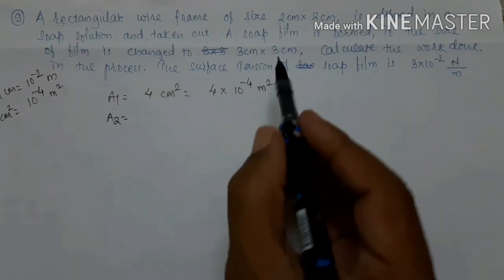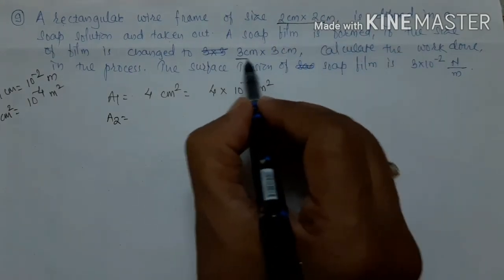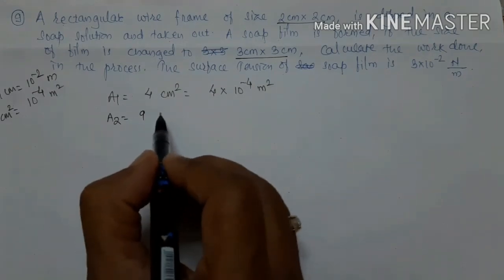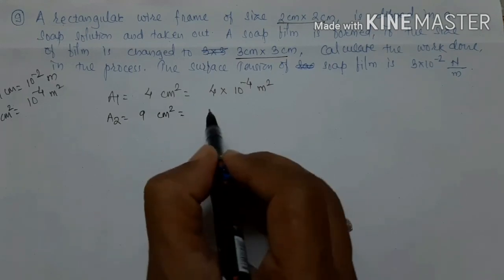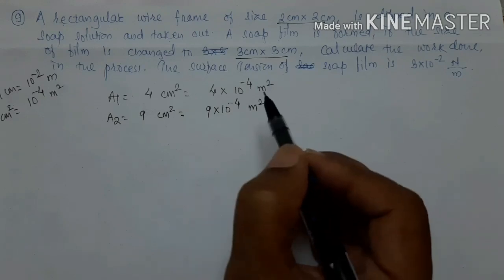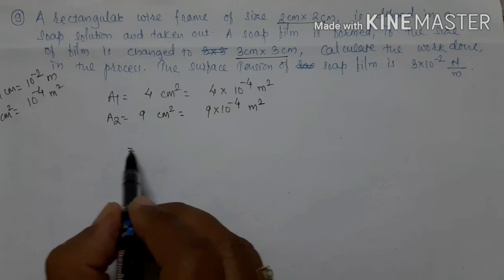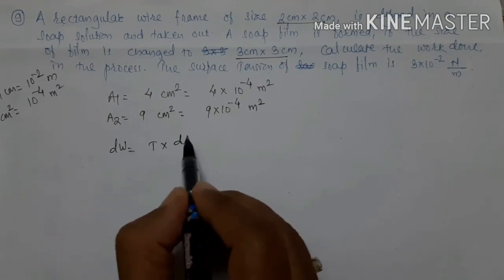A2 is equal to, initially 2 by 2 centimeter, and thereafter it is 3 by 3 centimeter. It's a square, and the area is 3 into 3, 9 centimeter square. I will write it as 9 into 10 to the power of minus 4 meter square. Here also we have to determine work done. This work done is equal to T into dA.